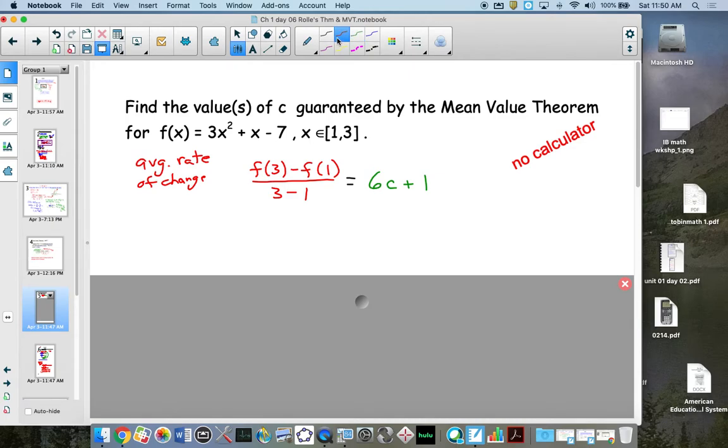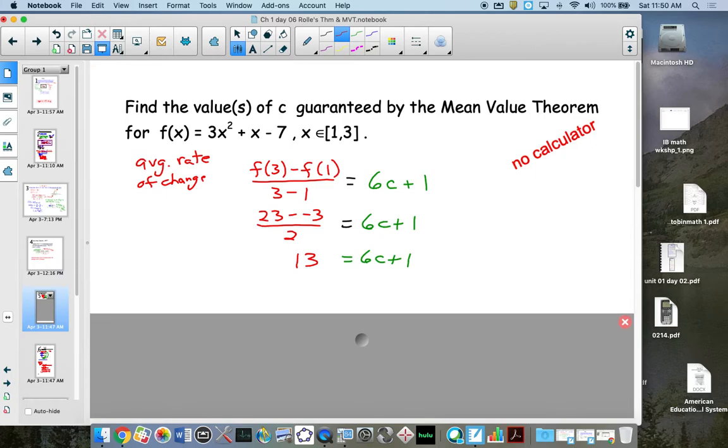That's 27, 20, 23, minus f of 1, which is going to be negative 3, over 2. So that gives me 13 is equal to 6c plus 1. And so now when we solve this, we're going to get c is equal to 2. So there's only one solution.